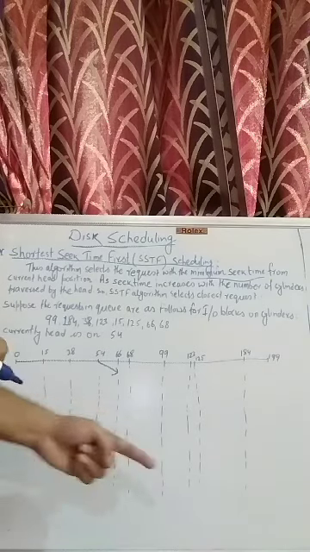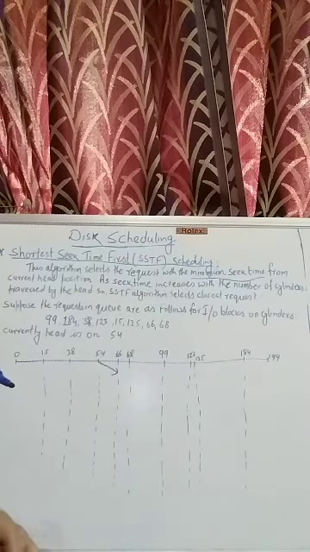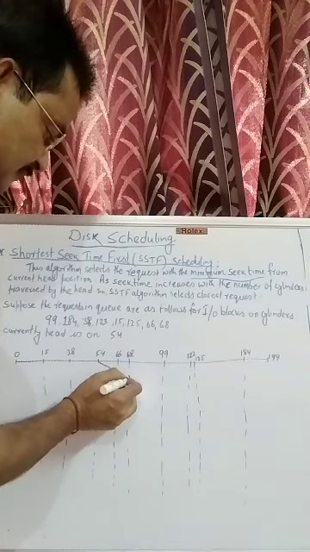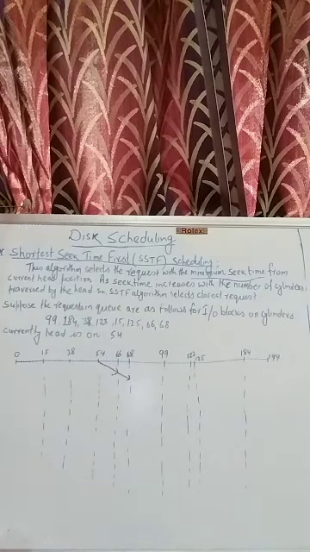So we move the arrow downwards because of the consideration of time. The first request processed is 66. After that, the next request which requires minimum displacement of the head is 68. So the head moved from 66 to 68.